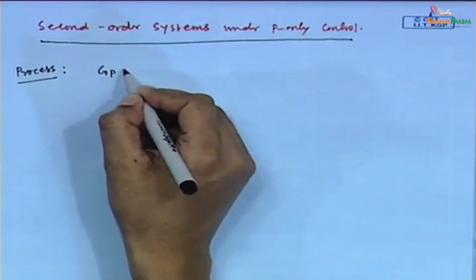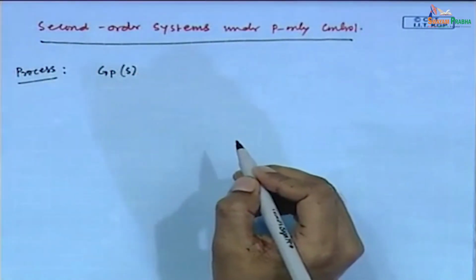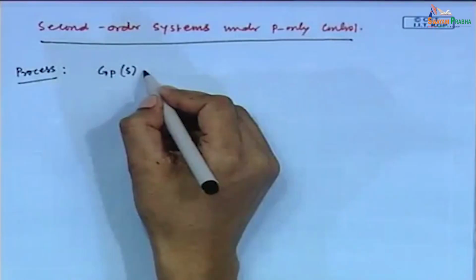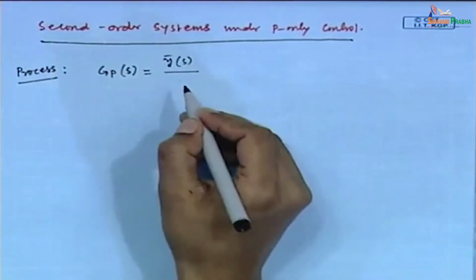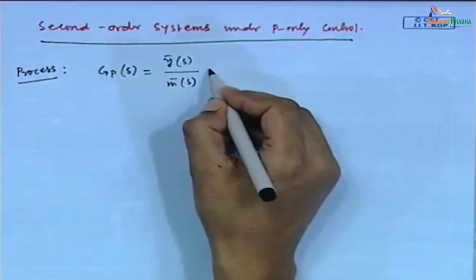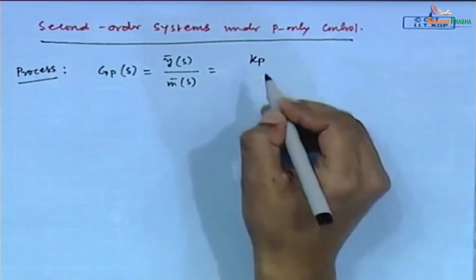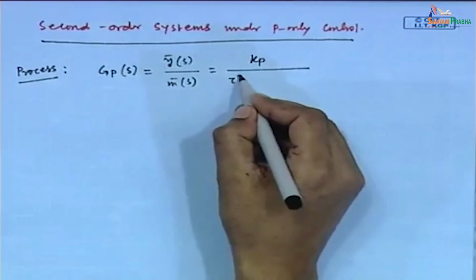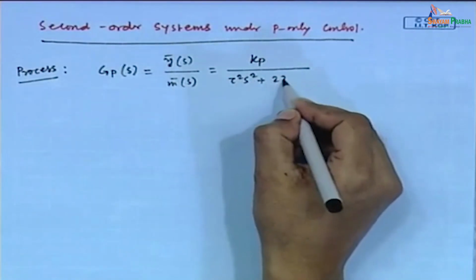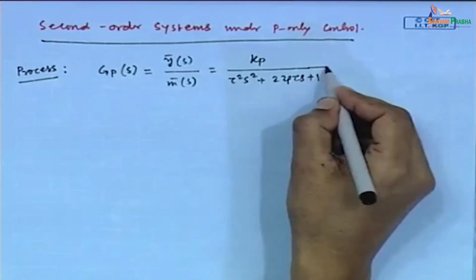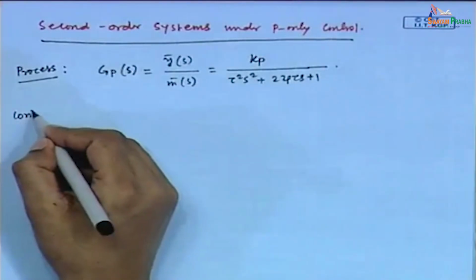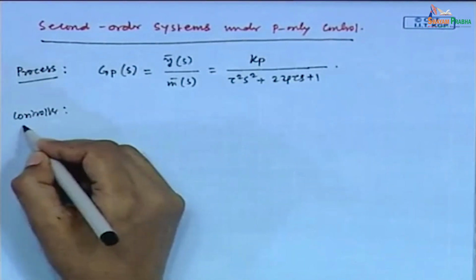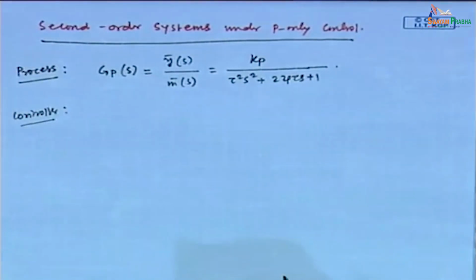The transfer function of a second order process has this form: Gp(s) equals y bar(s) divided by m bar(s) equals Kp divided by tau square s square plus 2 zeta tau s plus 1. Next element is the controller, and the controller is P only controller.